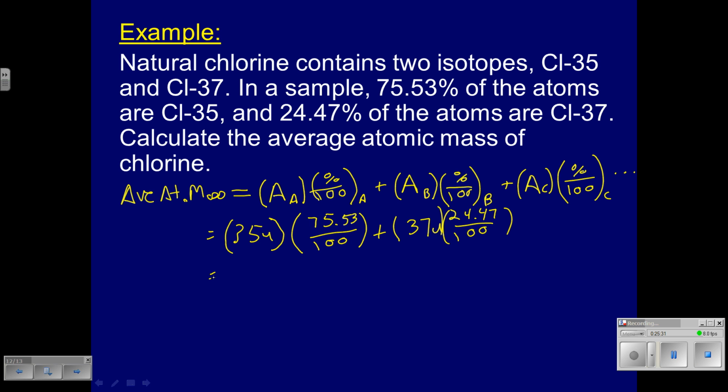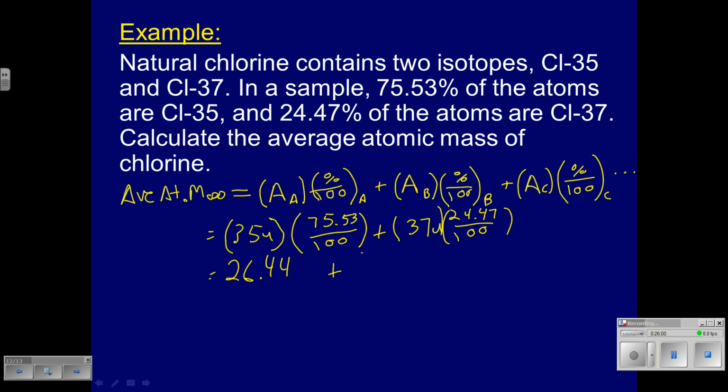So now we're going to pause for calculation. 35 times 75.53 divided by 100. That first number is equal to 26.44. 37 times 24.47 divided by 100.